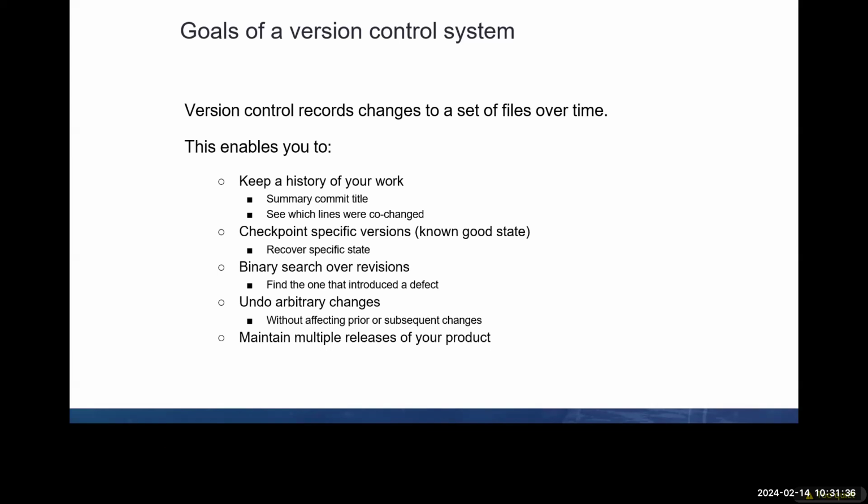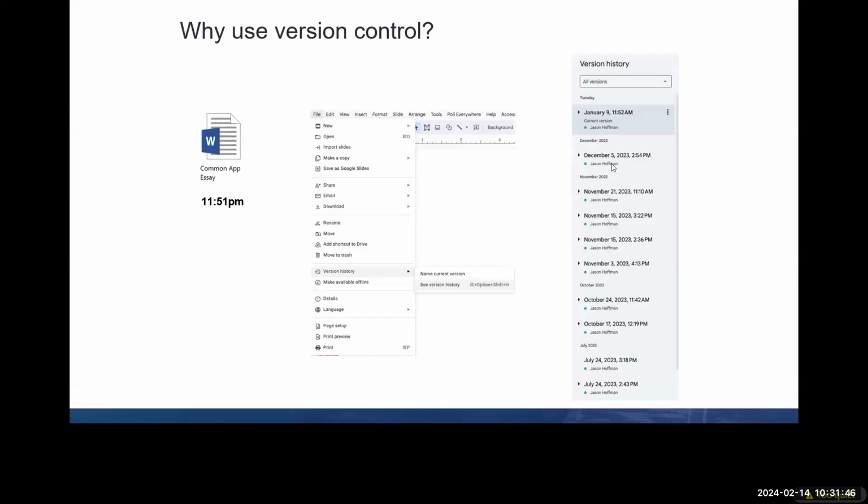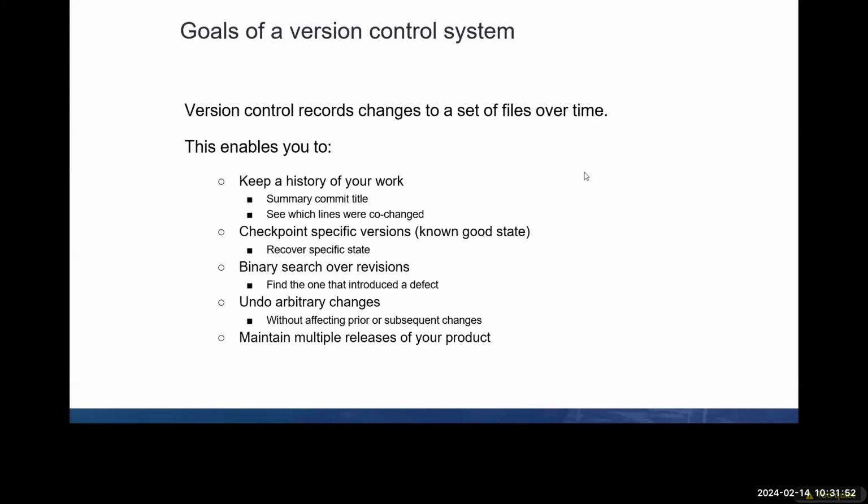Because in every update you make to your files, the change will be detected and added as a new line. Okay, this person added these lines or removed these lines from this file. You can also make arbitrary changes without affecting prior or subsequent changes.